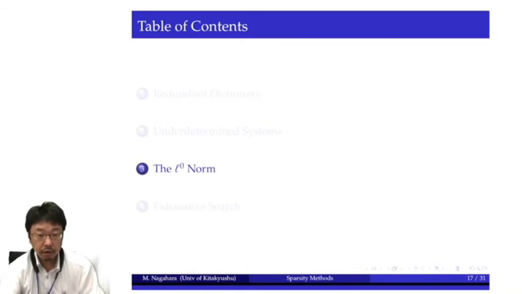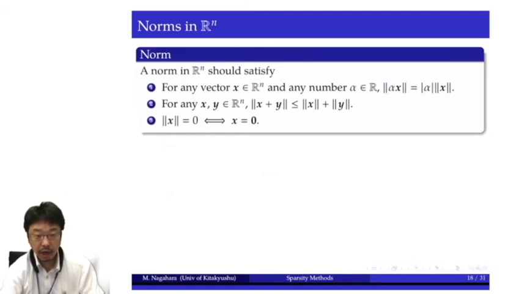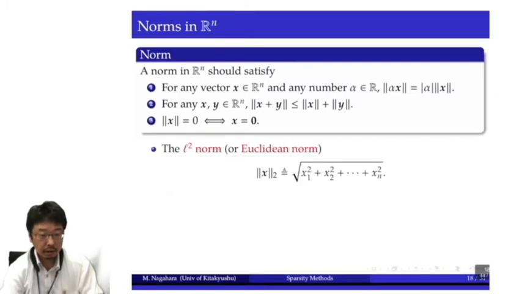Here, we formulate the problem of sparse representation by using the L0 norm. This is the definition of norms in R^n. A norm in R^n should satisfy these three properties. In particular, the L2 norm or Euclidean norm is defined by this.